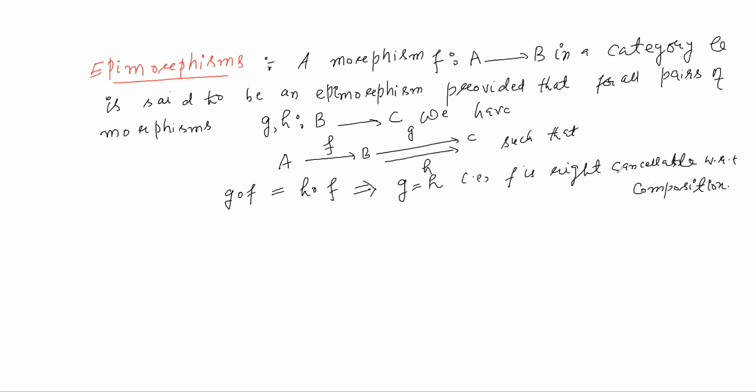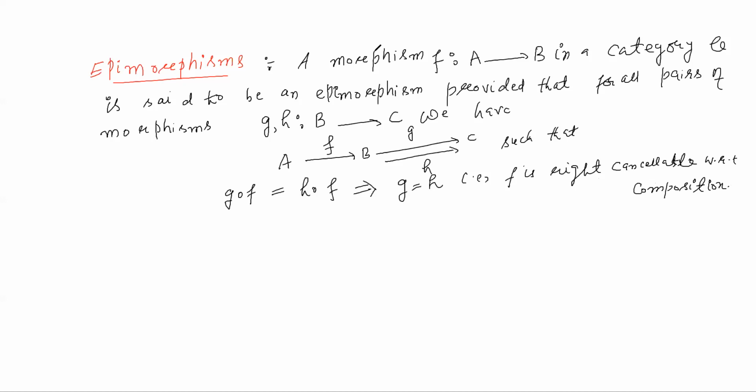Okay, so as you know, the monomorphisms were the categorical generalization of injective maps. These epimorphisms are actually categorical generalizations of surjective morphisms.